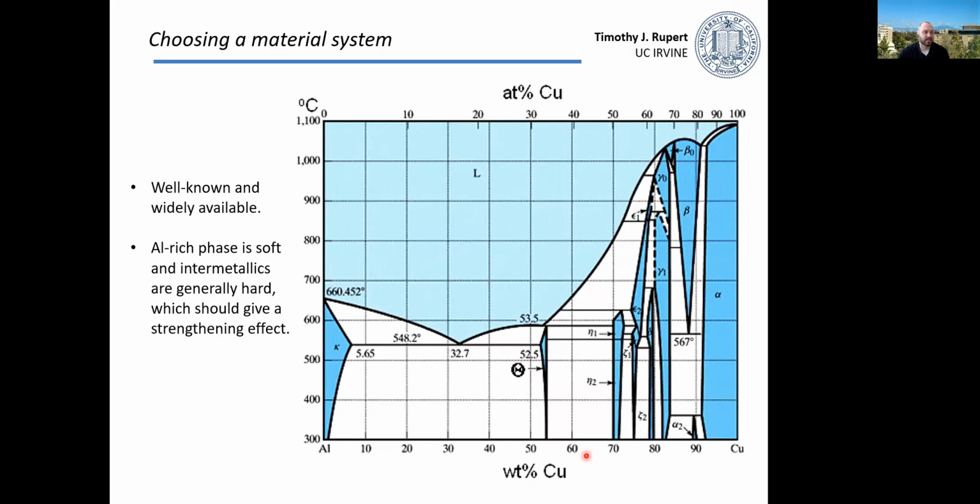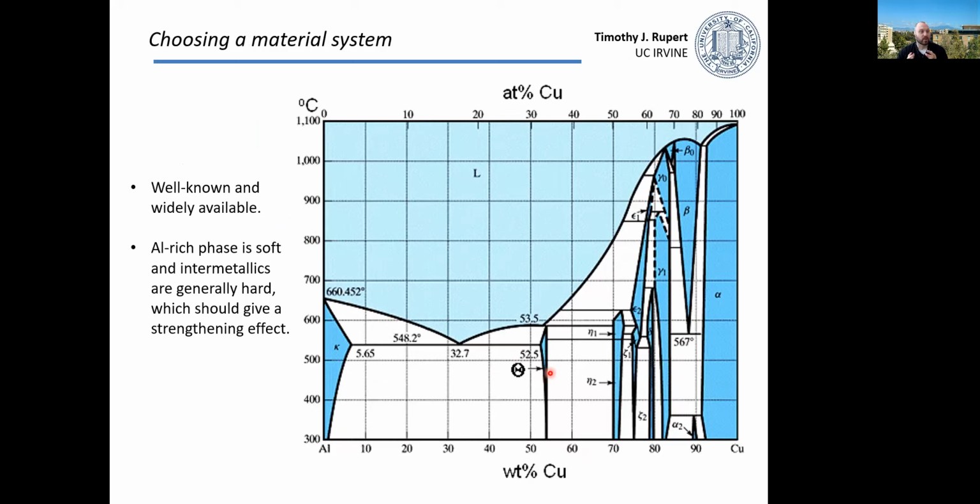So in terms of choosing a system, there's many things you could pick. I chose this aluminum copper system for a few reasons. First, it's well known and widely available. So there's a good, very reliable phase diagram. This material is used in industry all over the world, so it's well studied.